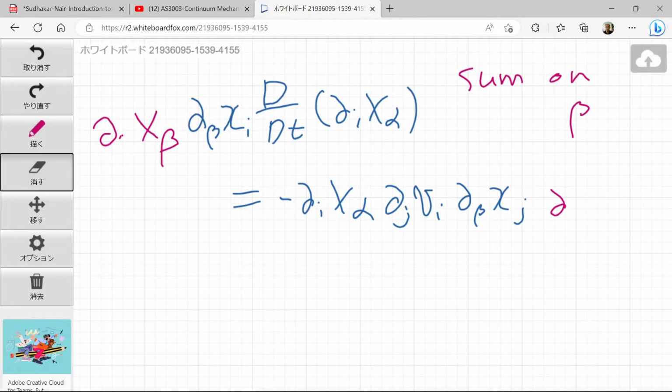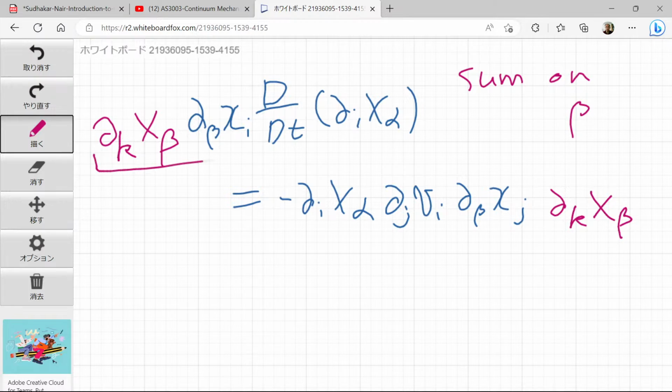So j is already used, so we have to use k, for example. Then we have partial k x beta, right? So then this part is delta ik.